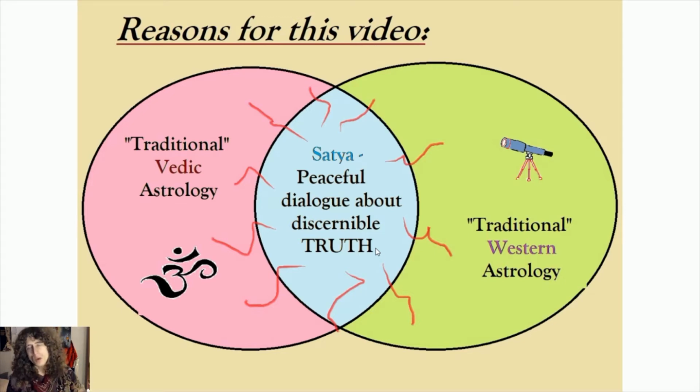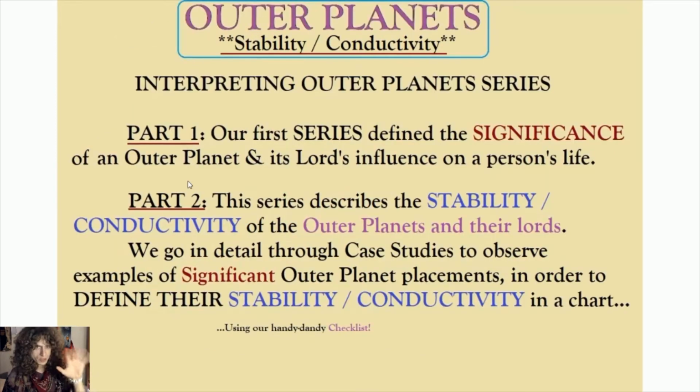The Western influence is the outer planets, as we see with this telescope. The telescope wasn't invented until very late in the astrology game, so traditional Vedic astrology doesn't talk about them, but that doesn't mean that they're unimportant. So what this series is about is finding a peaceful dialogue of discernible truth between the two. Look at the earlier parts in this series to hear more about that.